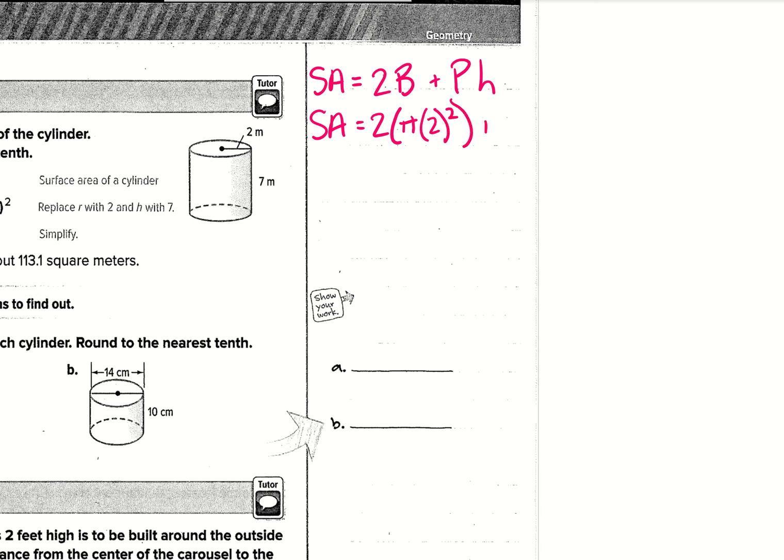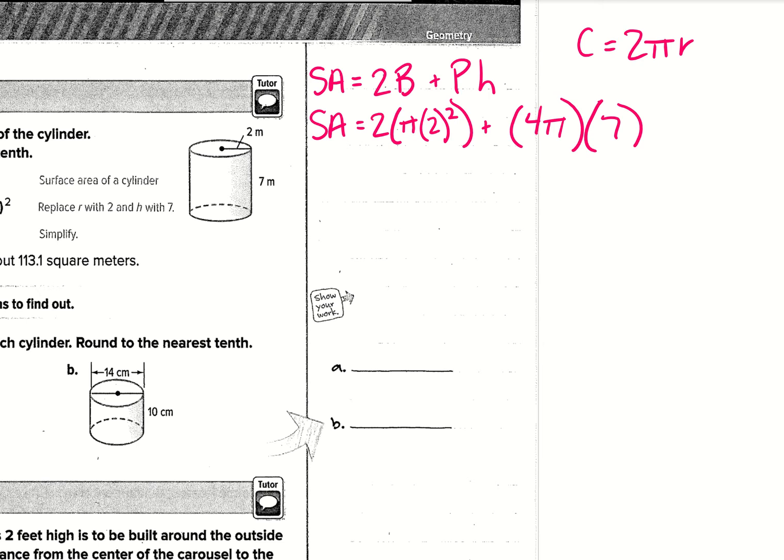And then the perimeter is 2 pi r, the circumference, as a reminder. So instead of r, we'll just put in 2. That will be 2 times pi times 2, or you can write it as just 4 pi, pi times the diameter, which is what I'm going to have here. And then times the height, which is going to be 7.